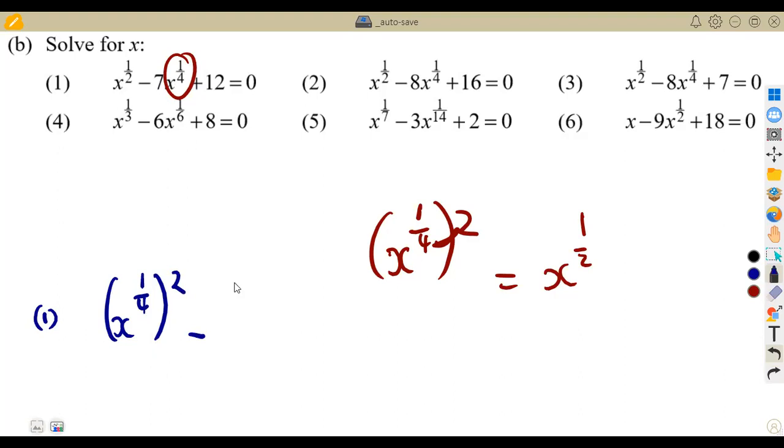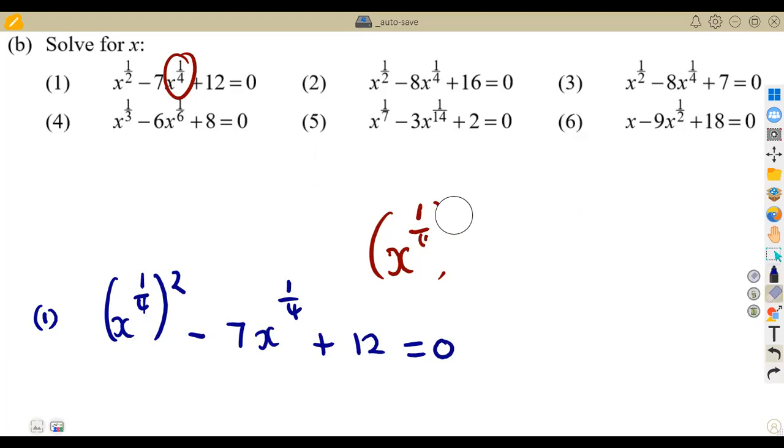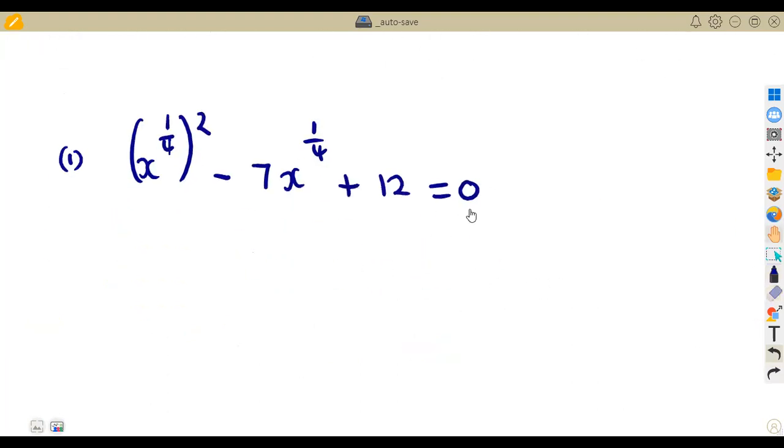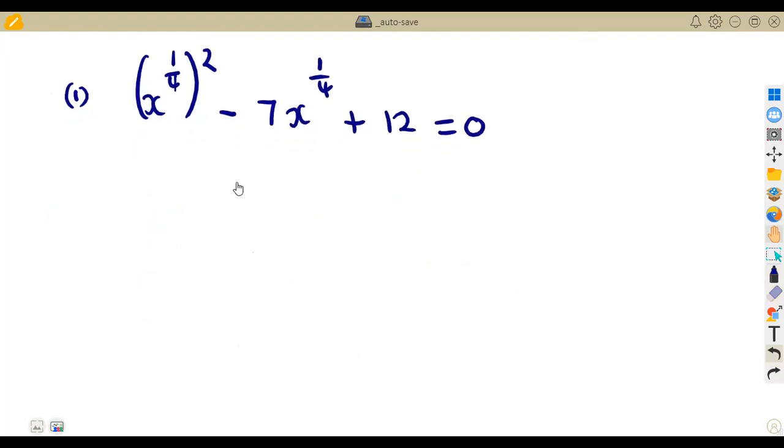Minus, this one is going to remain as it is, minus 7x to the exponent of 1 over 4 plus 12 is equal to 0. So now we have a normal quadratic equation. Yes, we can solve this by introducing a certain constant in place of this x to the exponent of 1 over 4. But what you can simply do, since you can see that these two are the same, and it's a quadratic being raised to the exponent of 2, you're talking about a quadratic trinomial.